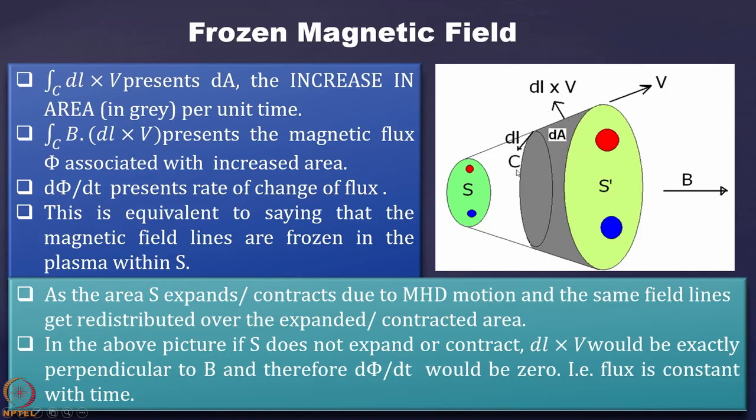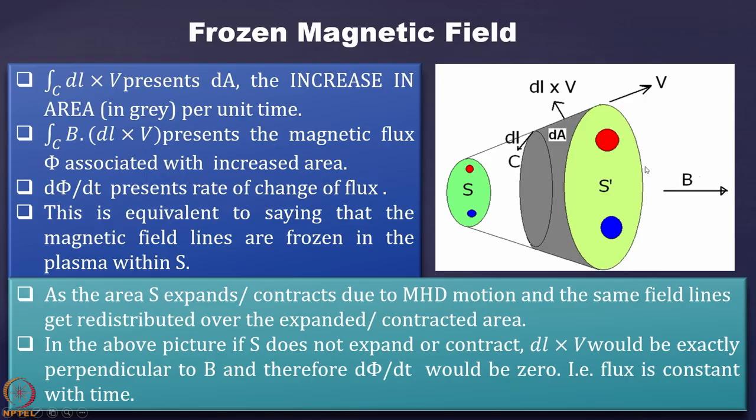This is dl, and then this cross B will be perpendicular to both dl and the B vector, so it is normal. So this describes an area swept by a small movement of this loop.